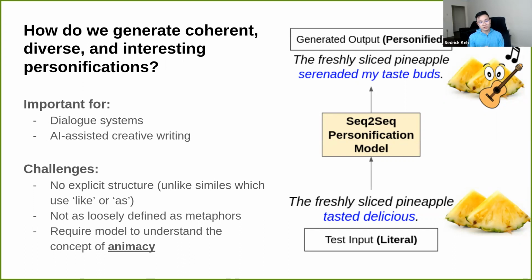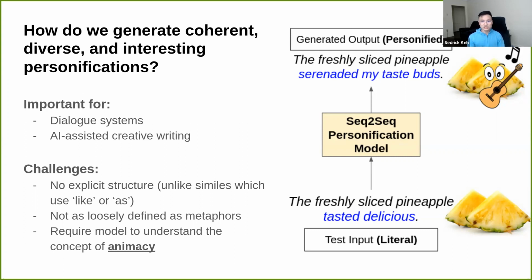This has been done to some extent previously with similes and metaphors, but very little work has been done with personifications. And really, the key difference is that with personifications, we don't have a fixed structure. For example, for similes, it needs to have the word like or as. And for metaphors, it's very loosely defined. You're just comparing two different things.